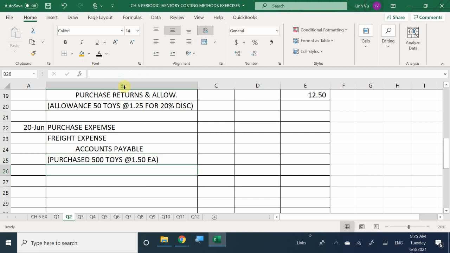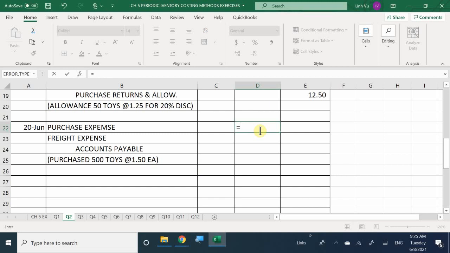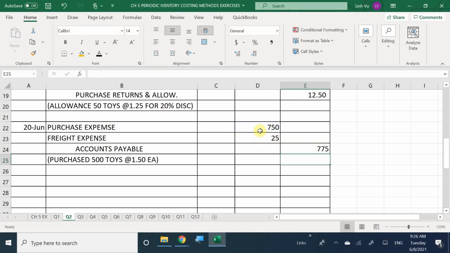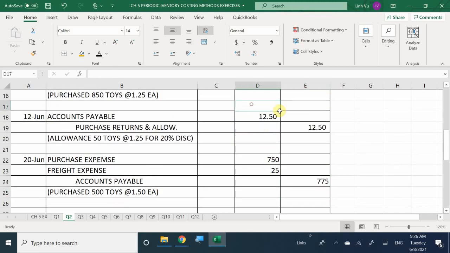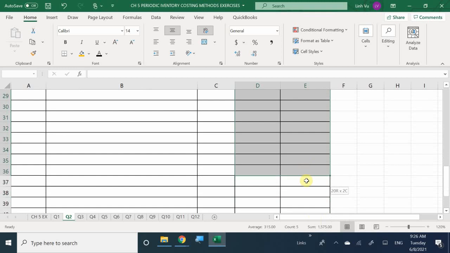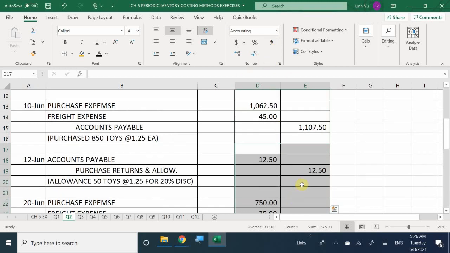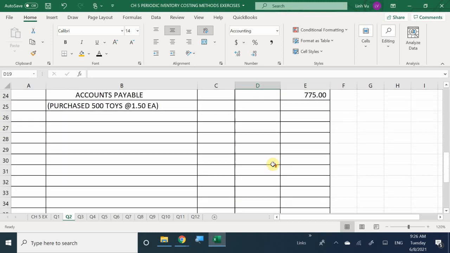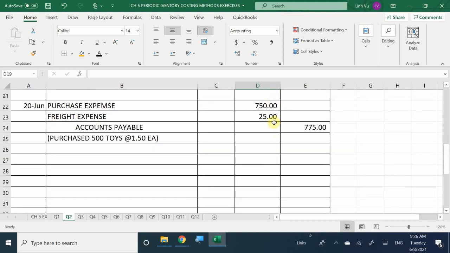Your purchase expense is $750, and then your freight expense is an additional $25. So your accounts payable is $775. Good. That's what I owe them for this purchase: $775.